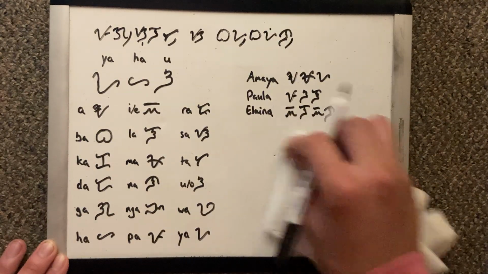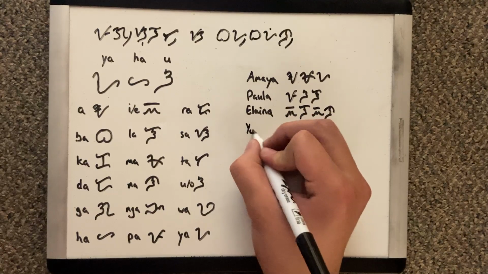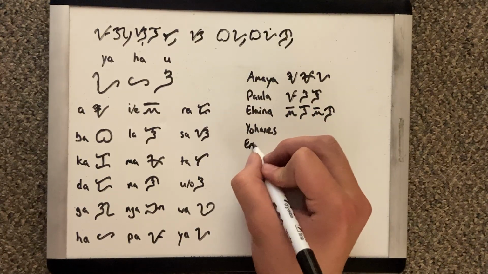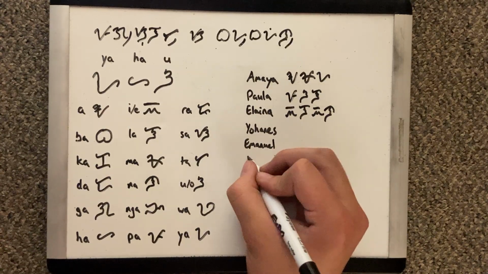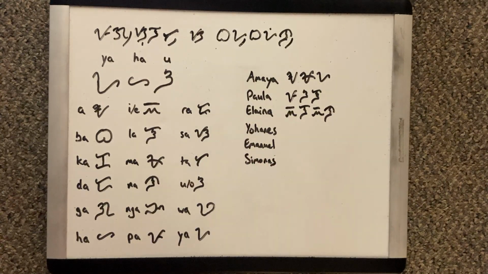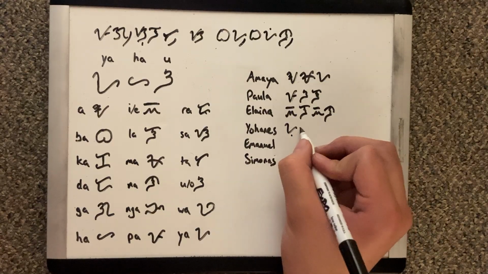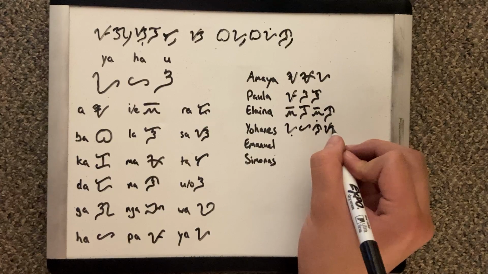So with this vowel manipulation, we'll be able to write the names Johannes and Emmanuel, and let's do Simonas. So yo, that's the same as yu, and then ha, ni, s.